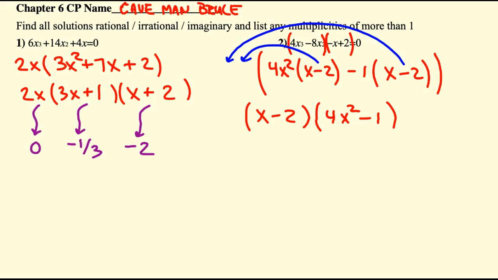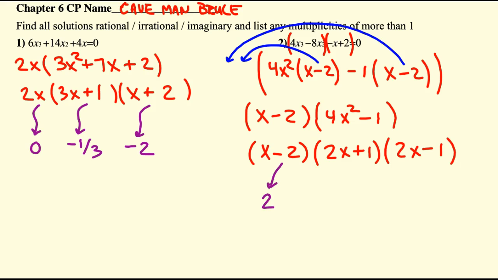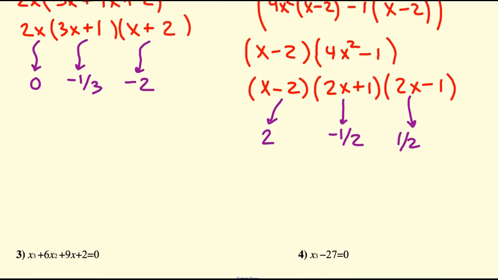And looky, we have the difference of squares showing up. So we have x minus 2 times 2x plus 1 times 2x minus 1. Okay, list my roots. I have 2, which makes that 0, negative 1/2, and positive 1/2. 3 solutions for a 3rd degree cubic, so makes sense.